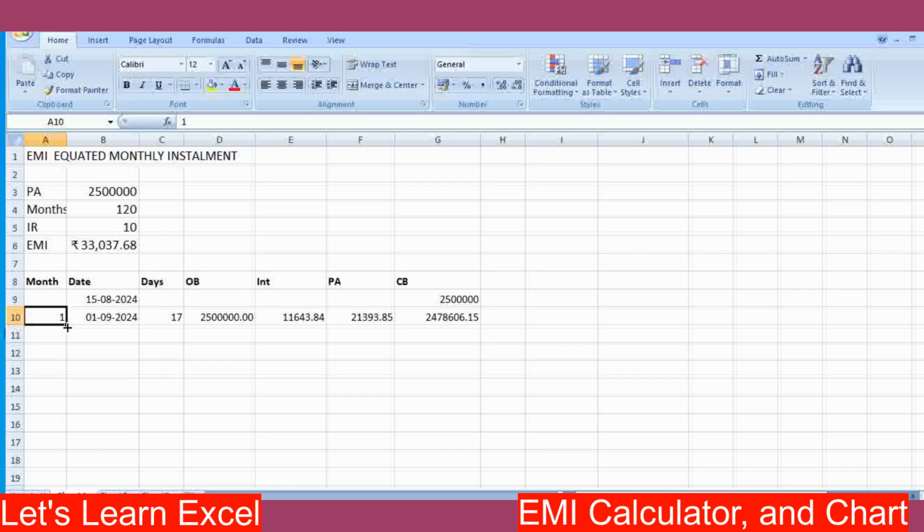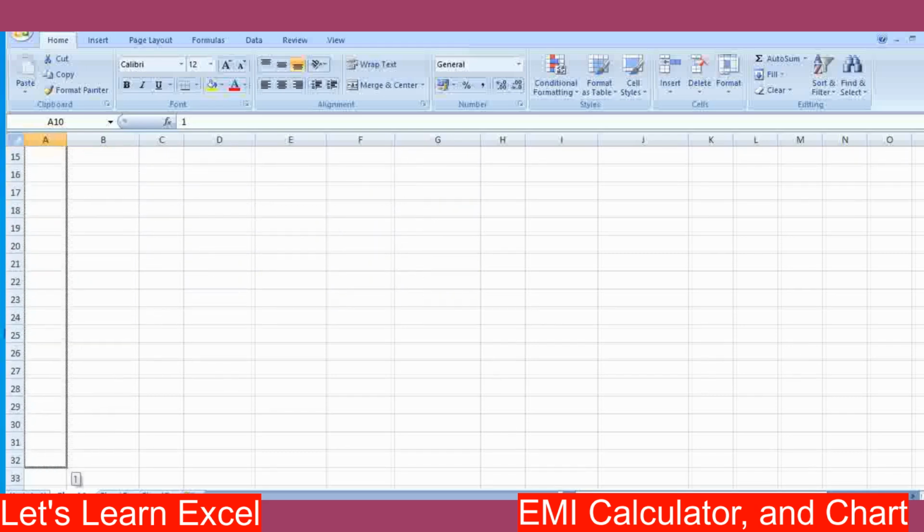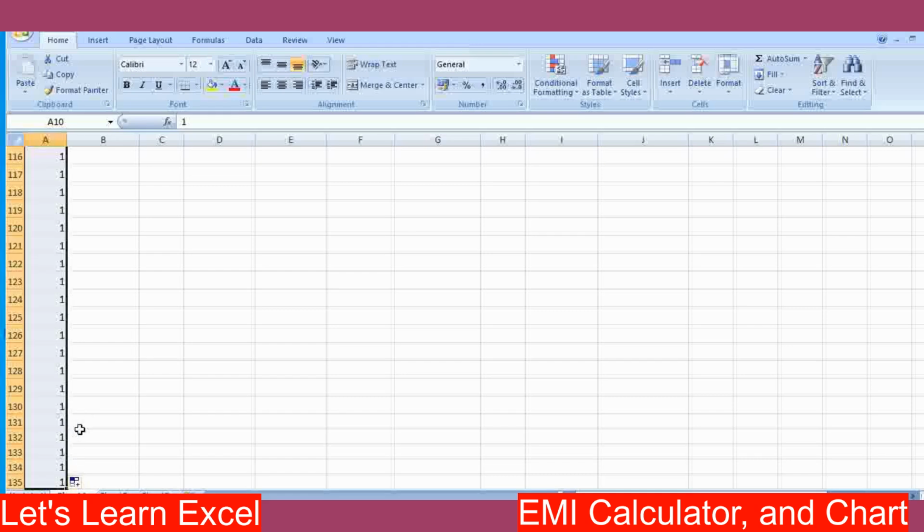So now copy this, pull it down up to the row number which was 10 previously. Now we have to add 120, so it will become 130. 130 minus 2, so 128.